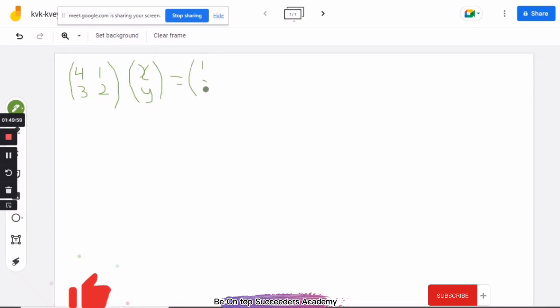Now, what I'm rewriting there is the coefficient matrix, which is 4, 1, 3, 2. I also have a video on coefficient matrix, then the variable matrix x, y, and the answer matrix 1, 2. And since I would have found the inverse of the coefficient matrix, which is the first matrix written there, now we need to multiply both sides of that matrix equation by the inverse matrix, right?